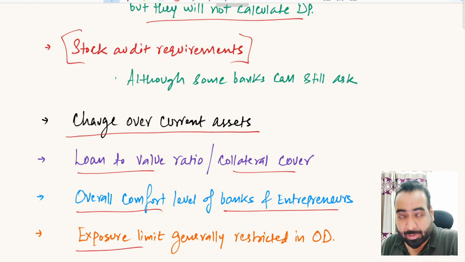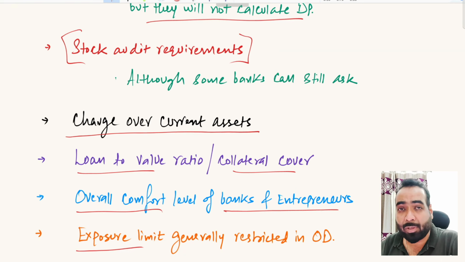Exposure limit. Next, the last point is the exposure limit. As I have already told you, in an OD limit, the bank is taking higher risk. There is no monitoring mechanism, and in a cash credit limit, the risk is a bit less because comparatively higher monitoring is involved. So generally, banks restrict the maximum overdraft limit that they can lend to their borrower.